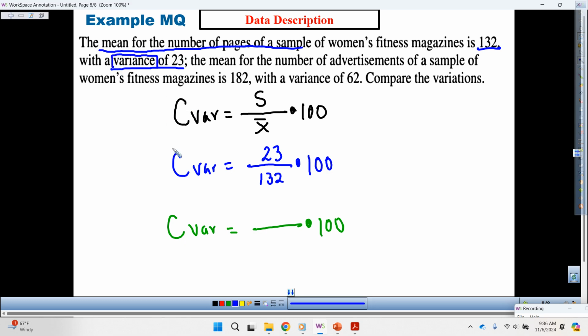Think about it. Don't say it out loud. What do we need to do to this number to get the standard deviation, if this number is a variance? Talk to your neighbor.